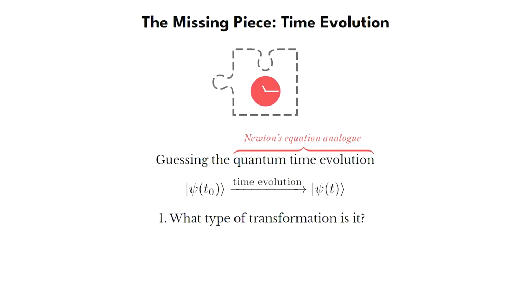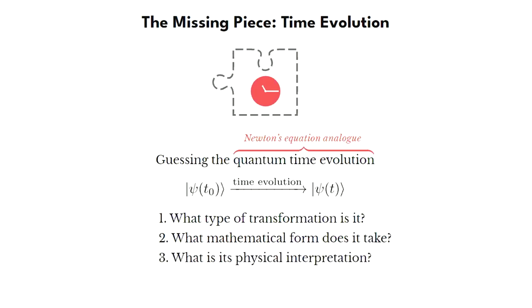Now for quantum, if we want to answer how time evolution works for quantum systems, we need to answer what type of transformation can make this happen, what mathematical form the time evolution takes, and what the physical interpretation is.